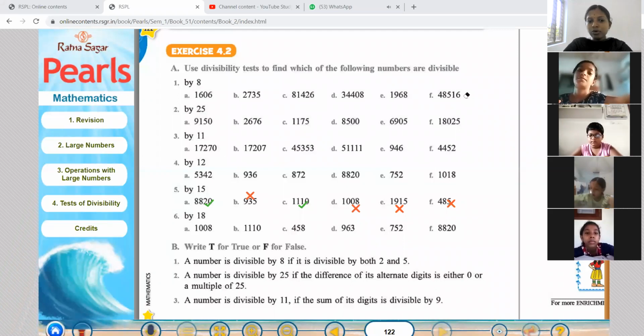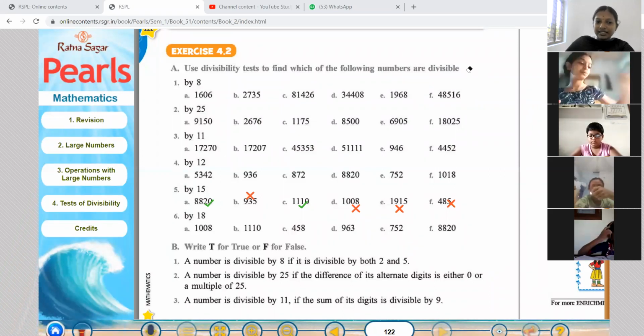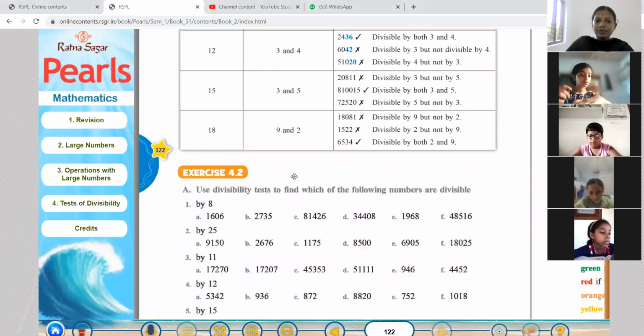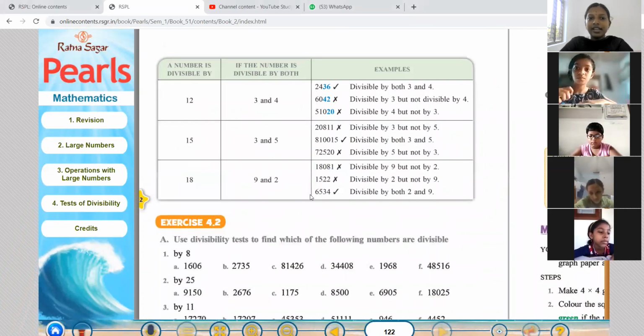Okay, then shall we move to the divisibility by 18, the last one? We are going to check the divisibility by 18. For checking that, we have a rule given here. What's our rule for the divisibility by 18? If the number is divisible by both 9 and 2, we can say that the number is divisible by 18.